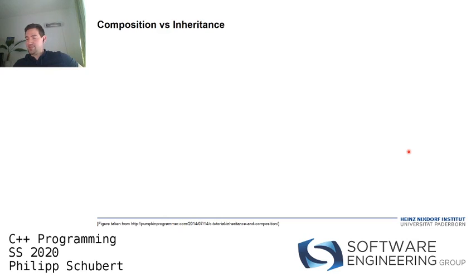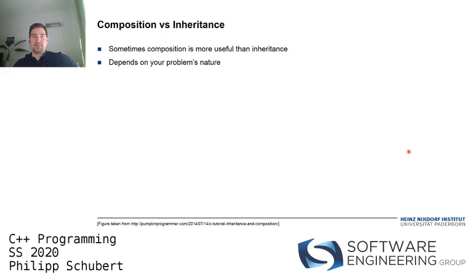Some programming languages, such as Go, for instance, do not even include inheritance, so there is no inheritance in Go. If you wish to achieve something like inheritance, you would use composition instead. So let me give an example on what that really means. My point is sometimes composition might be more useful than using inheritance.